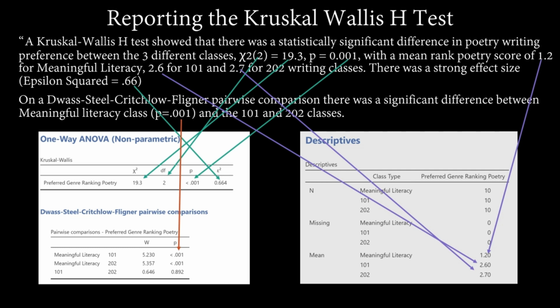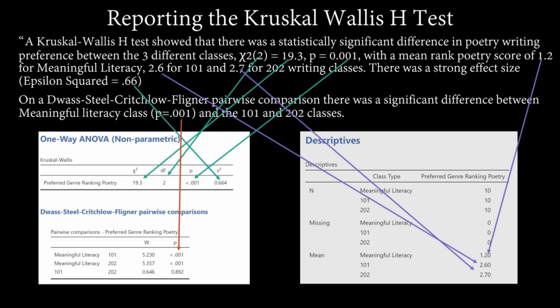A Kruskal Wallis H test showed that there was a statistically significant difference in poetry writing preference between the three different classes. The first thing you report is the Kruskal Wallis H test, and that's a chi-square. So you report the degrees of freedom. You then report the actual chi-square, 19.3, and then of course you report the significance level, which is 0.001.